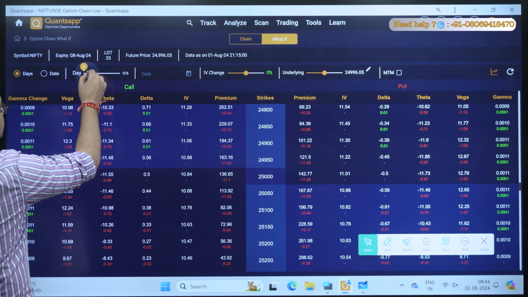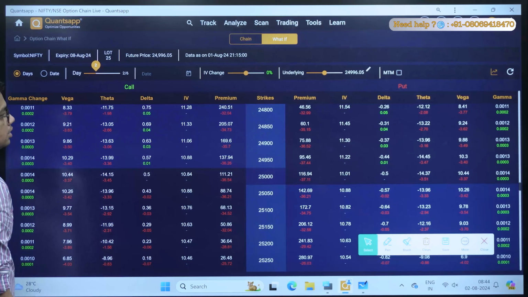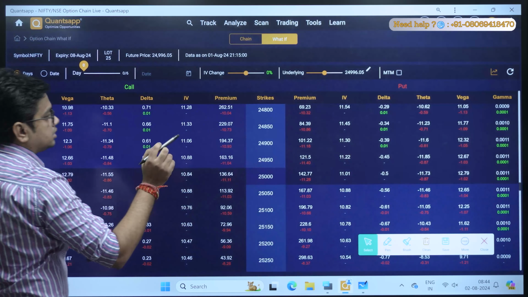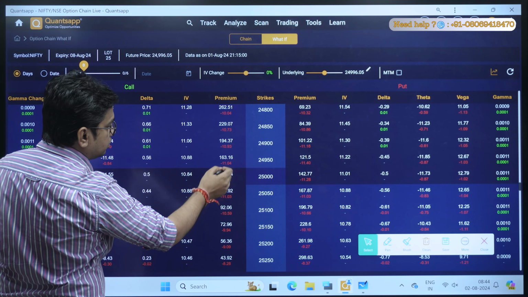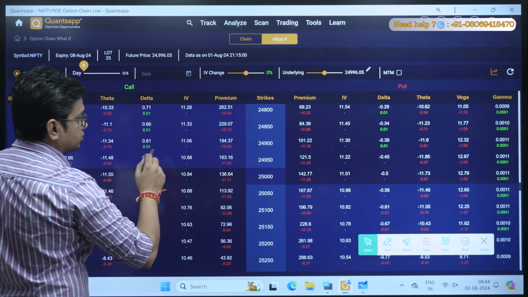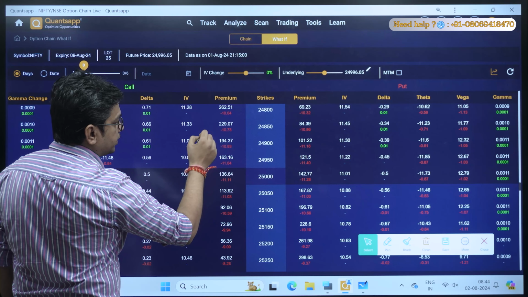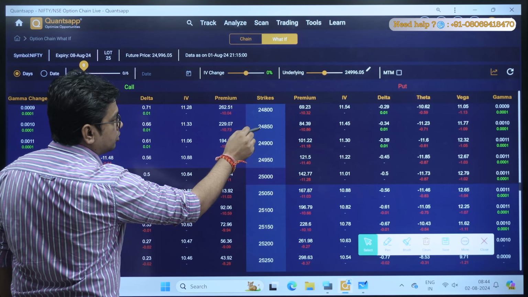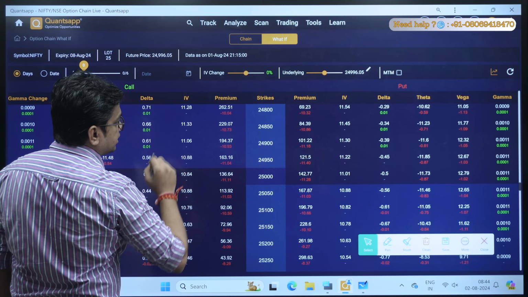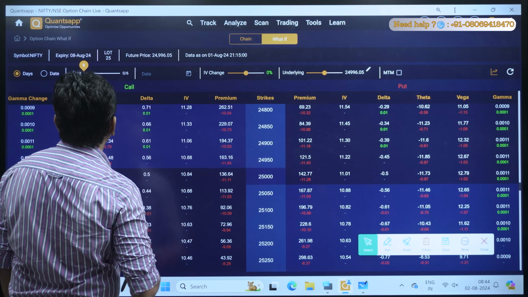If I move to 2 days, just see the price at the ATM and the ITM also. Here you can see the price is 229 and 194. I am talking about 24,850 and 25,000. You can see the price is 229 and here is 136.